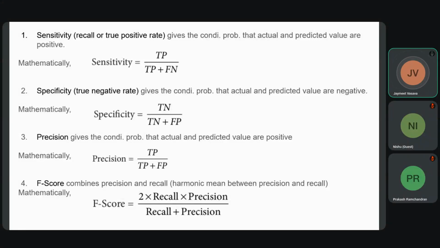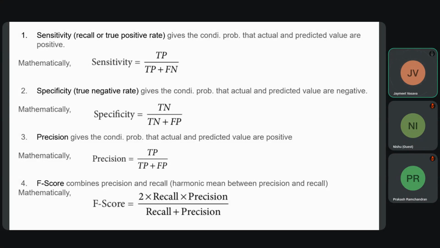Then specificity, or the true negative rate, gives the conditional probability that the actual and the predicted values are negative, mathematically the true negative divided by the true negative plus false positives. So it takes into consideration all the negative values of the data set.